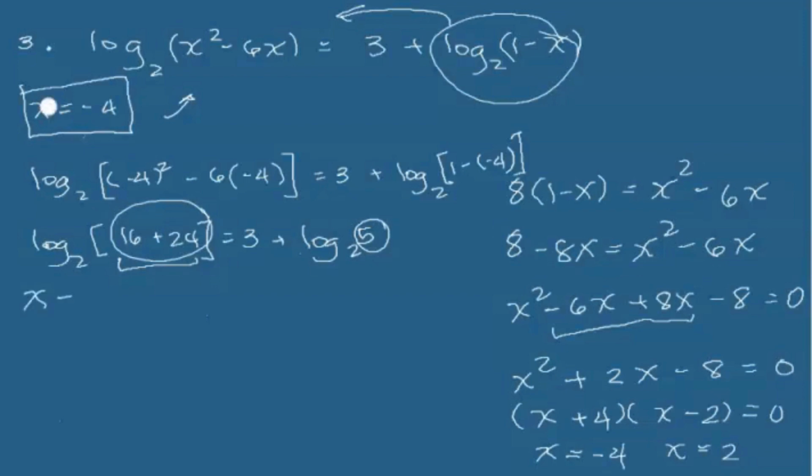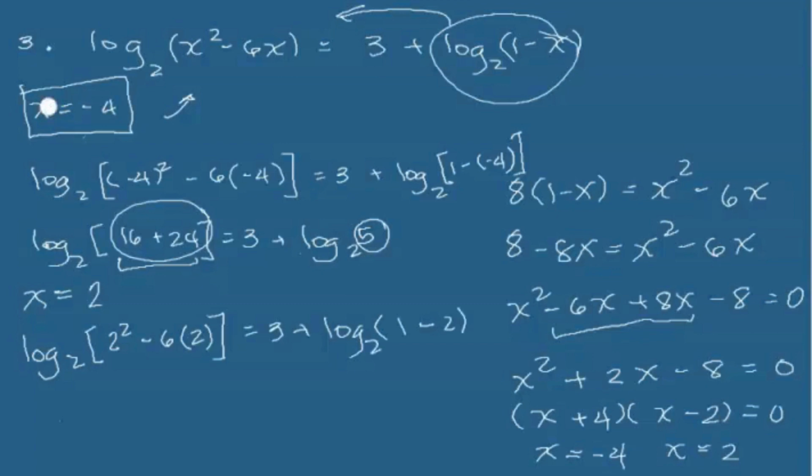Now let's check x is equal to 2. So substitute into the original equation. So that would be logarithm base 2 of 2 squared minus 6 times 2 is equal to 3 plus logarithm base 2 of 1 minus 2.